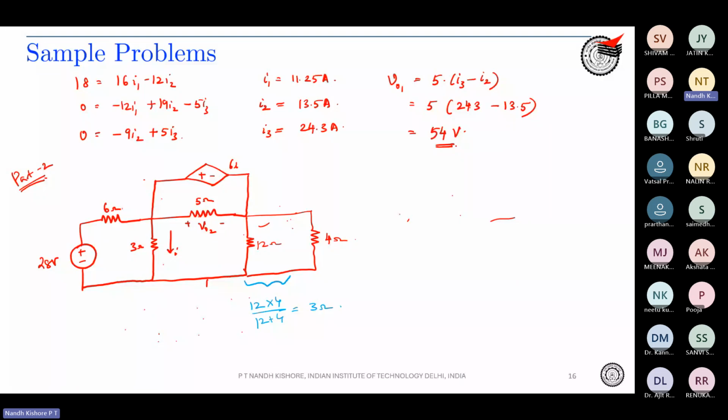3 ohms. So for simplicity, I will directly replace this, or let it be, we'll go to the next page. 12 ohm, this is 4 ohm.